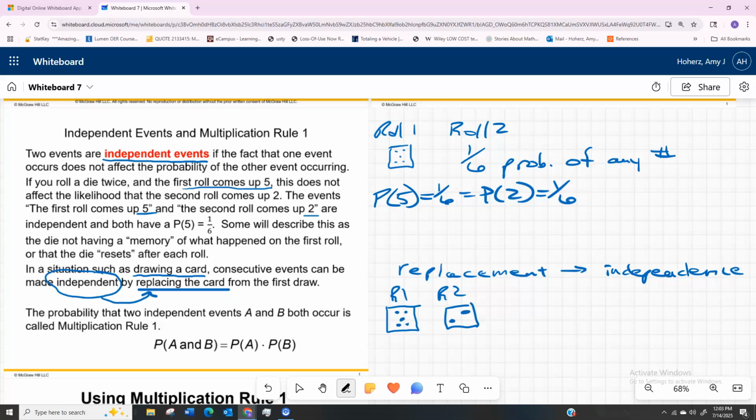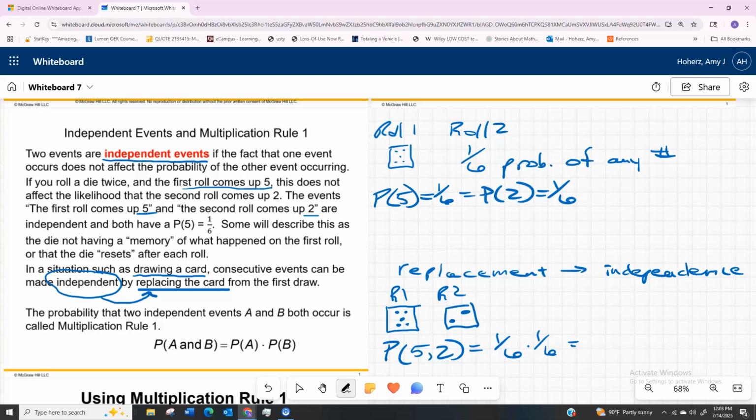Well, the probability of getting a 5 on the first die, so I'm going to write it like this. Probability 5, 2. So that means 5, then 2. The probability of rolling a 5 is 1/6. And the probability of rolling a 2 is also 1/6.